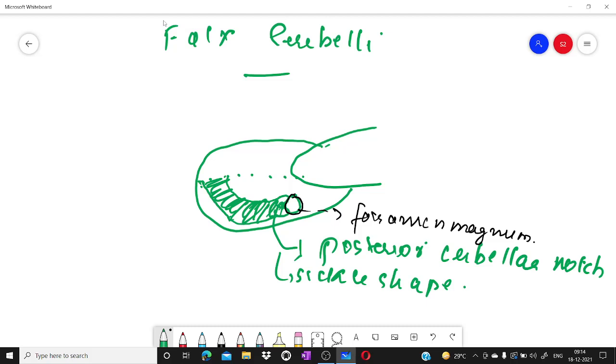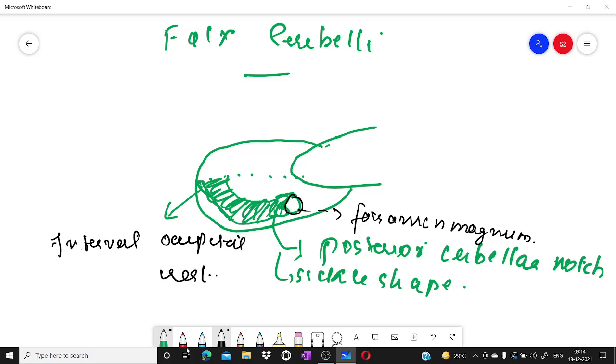The apex of the sickle divides into two parts and is lodged on either side of the foramen magnum. Now the posterior margin of the falx cerebelli is convex and is attached to a bony structure, the internal occipital crest. It encloses a sinus known as the occipital sinus. The anterior margin is concave and free.